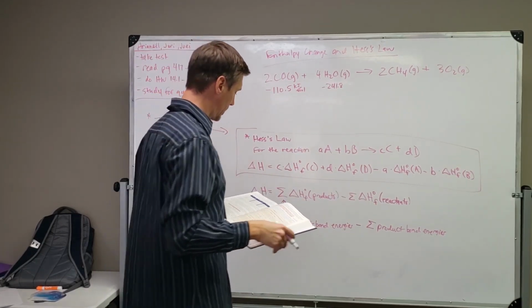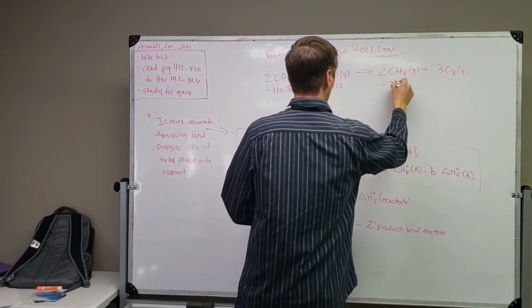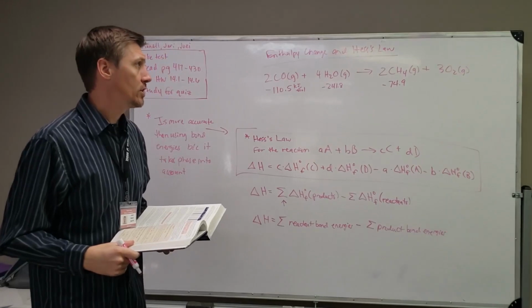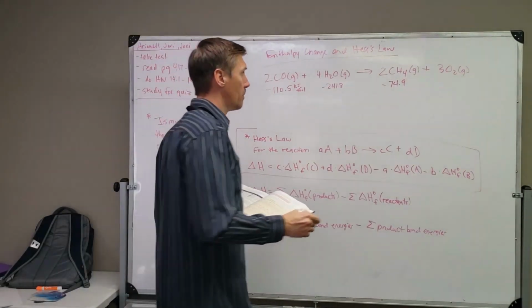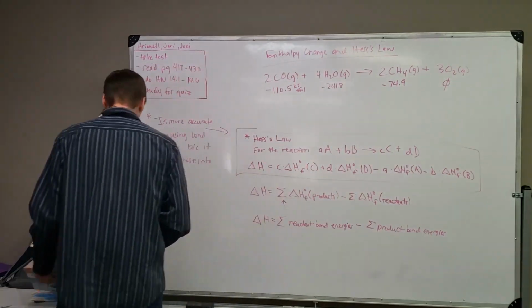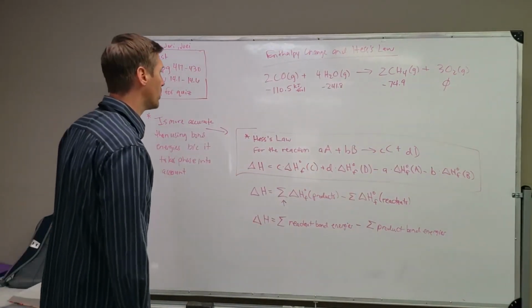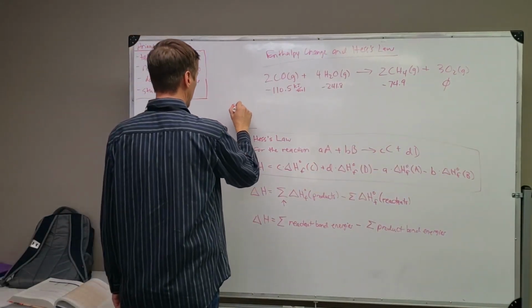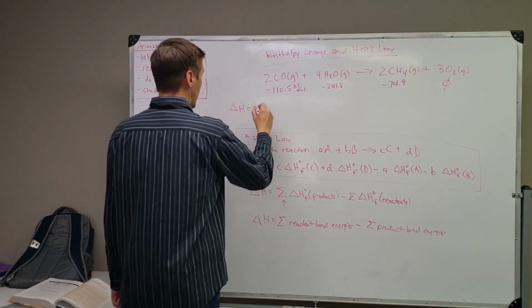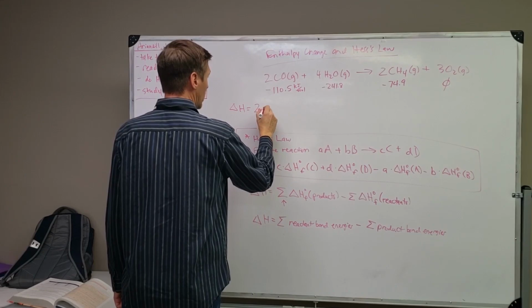CH4 in gas form is negative 74.9. And of course, oxygen is in its natural phase, just a single element, so that's going to be 0, right? So then for the equation that we're doing, we write down our reactants first. And so we say we have 2 moles.